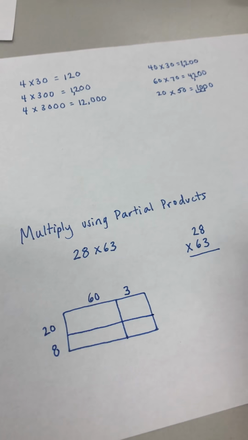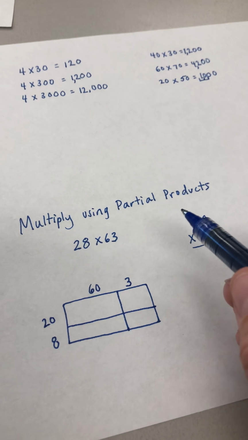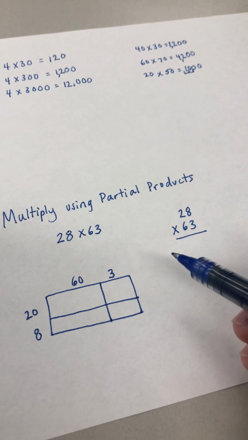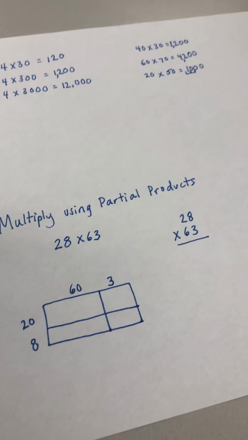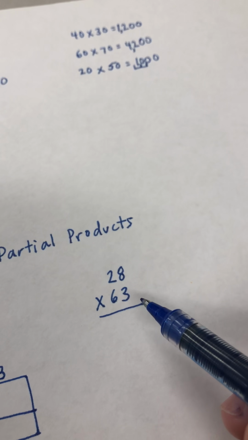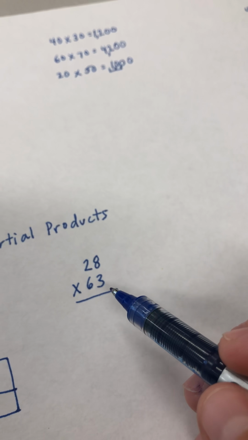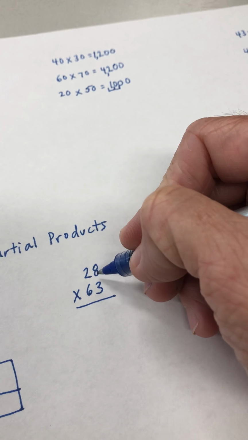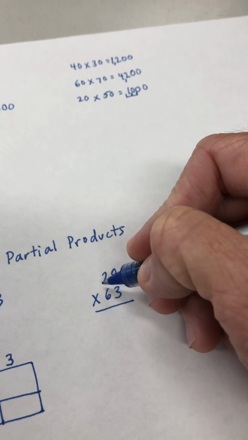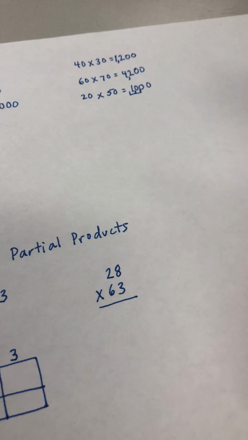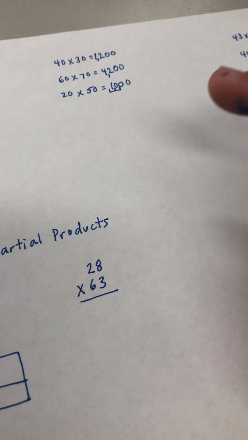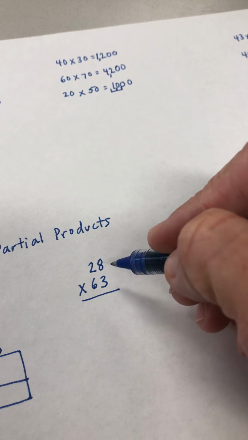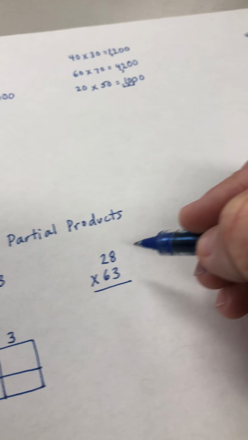All right, and what is so great about doing this is helping students to see that there are 4 mini multiplication problems that have to be done. If I just wrote the problem this way, especially after teaching a regrouping method, students will want to multiply ones times ones and tens times tens and leave it at that. And there's more to it than that. There are 4 steps of mini multiplication, and just doing it like this, most students wouldn't see that.